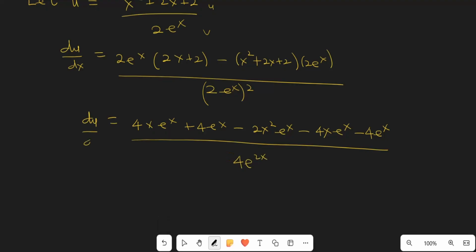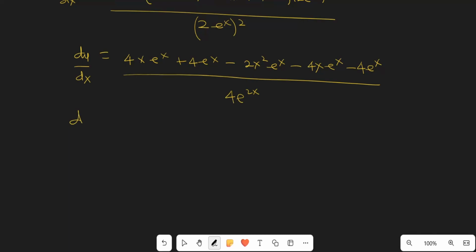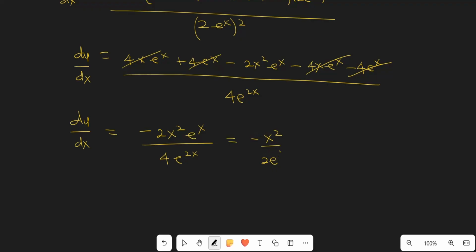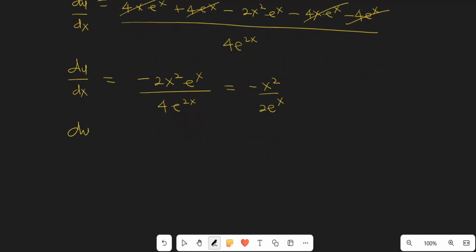This is du/dx. So du/dx is going to be equal to what? This one will cancel with this, and this one will also cancel with this. And that is going to be negative 2x squared e^x divided by 4e^(2x). This simplifies to negative x squared over 2e^x. So in the end, du is going to be negative x squared over 2e^x dx.